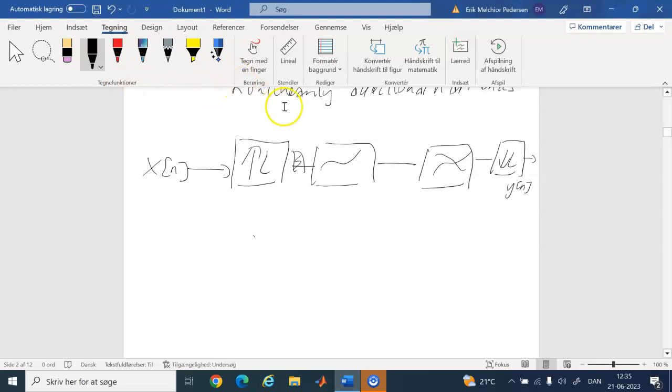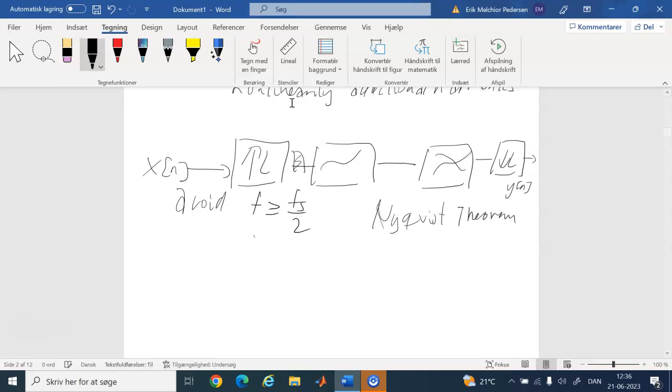Distortion increases the bandwidth, and we have to avoid frequencies bigger than half of the sampling rate, because of the Nyquist theorem.